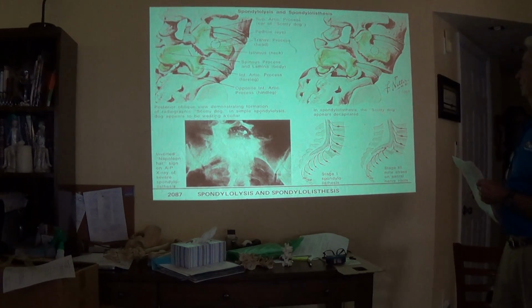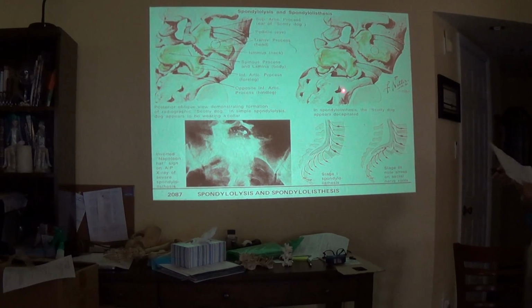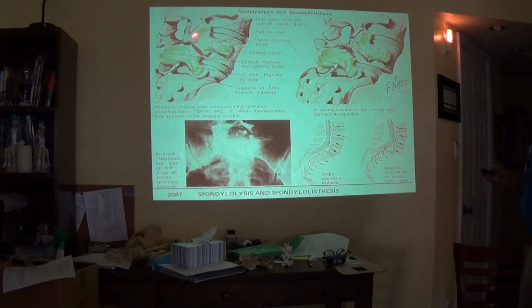So that's spondylolysis and spondylolisthesis, and when you're dealing with this kind of problem, you're dealing not only with a bony problem here and here. This is the cementing substance that prevents this from occurring. So in order for the listhesis to occur, the disc has to degenerate in here and here in order for this bone to go forward on this bone, because the disc holds these two together.